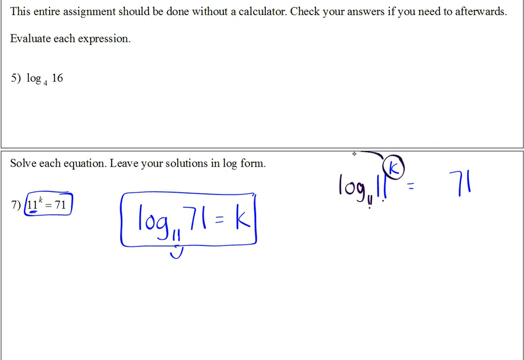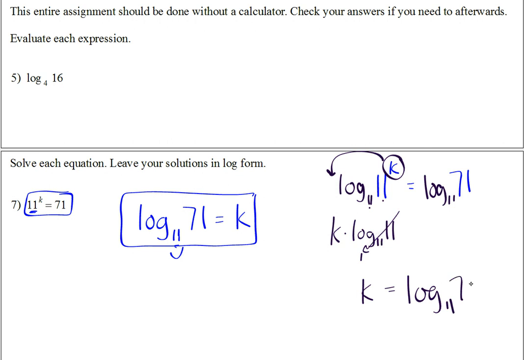It's still going to pull the k out of the exponent, so you're going to have k times log base 11 of 11, but log base 11 of 11 is just 1. So all that's left over here is k. But if I take the log base 11 on the left, I have to take log base 11 on the right. So here I get k is log base 11 of 71.